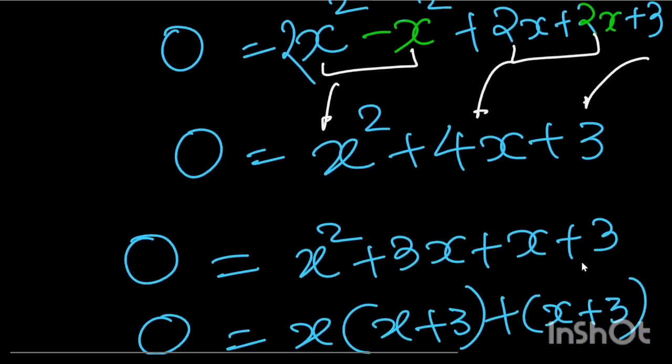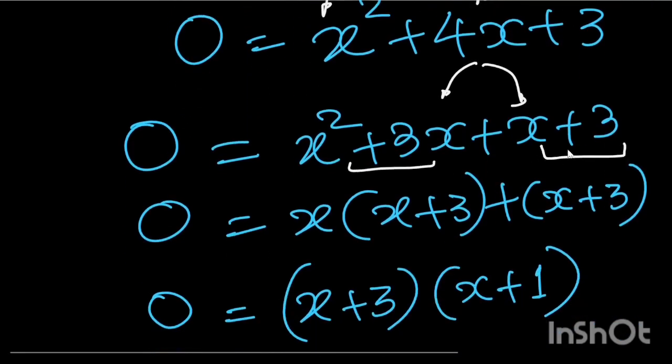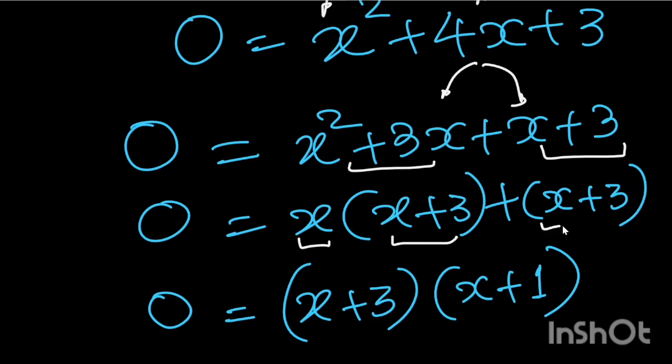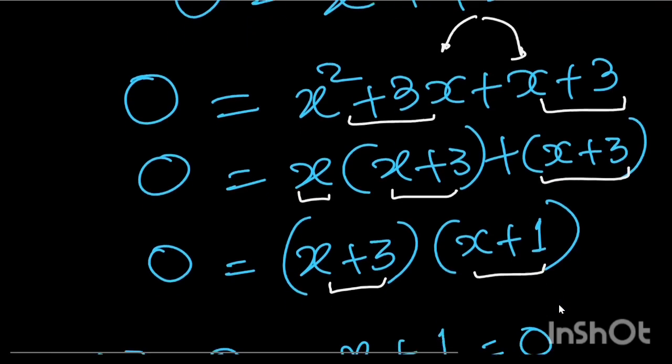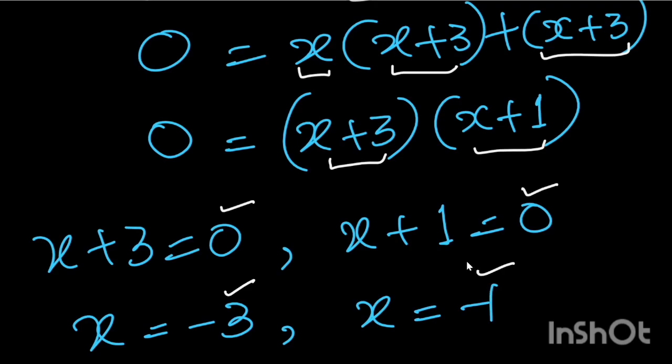The roots of this quadratic can be found by splitting the middle term, 4x as 3x plus x: x square plus 3x plus x plus 3. Taking x common we get x plus 3, and x plus 1 is left as another factor. So x plus 3 equals 0 and x plus 1 equals 0. So we got x equals minus 3 and x equals minus 1 as two roots.